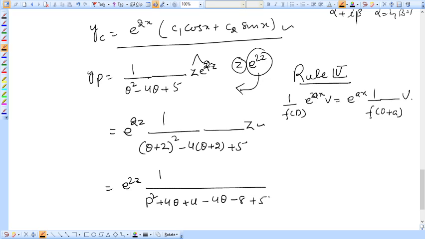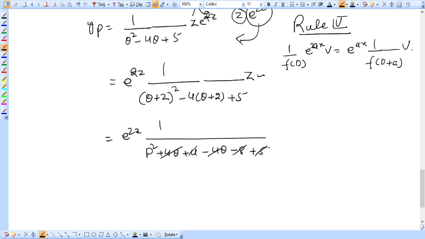So the 4 theta cancel, and you will have 4 minus 8 plus 5, which is 1. So you get e to the 2z, 1 over theta square plus 1, and z here, right?